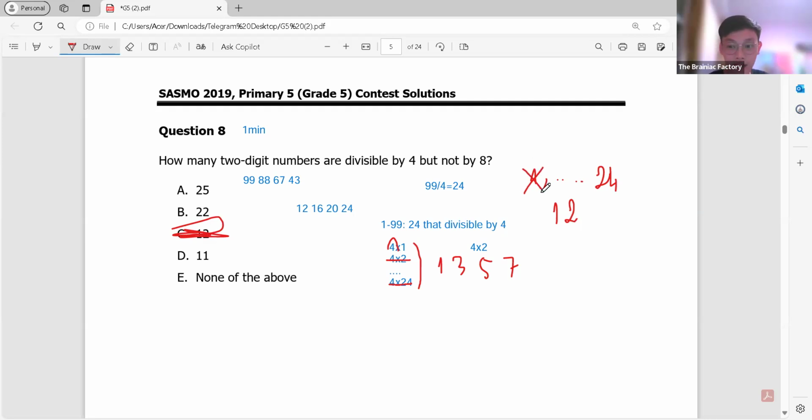Why? Because 4 times 1 isn't a 2-digit number. It is a 1-digit number, which is 4. So we're gonna minus 1, which is the one that we exclude, the 1-digit number. So our final answer is 11, which is D here.